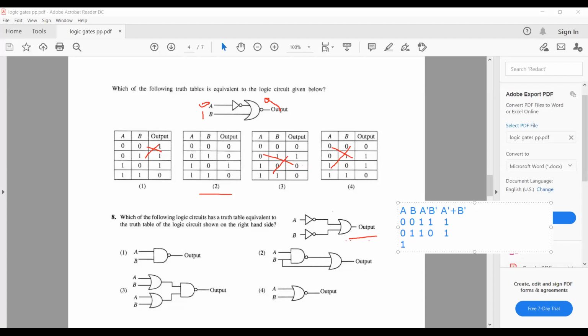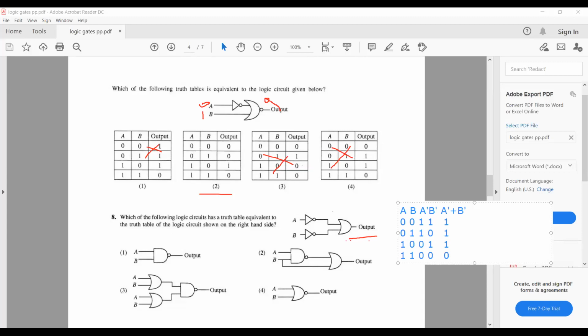Then if you give 1, 0, here you get 0, here you get 1, your output will be 1. If you get 1, 1, your A dash means 0, B dash also 0, your output will be 0. So what is this gate? If you get 1, 1, you get 0, otherwise 1s.